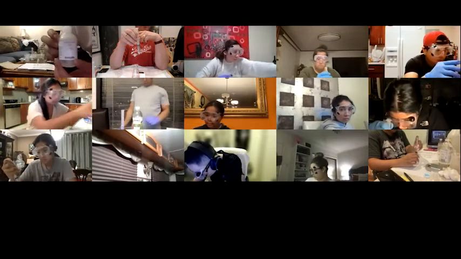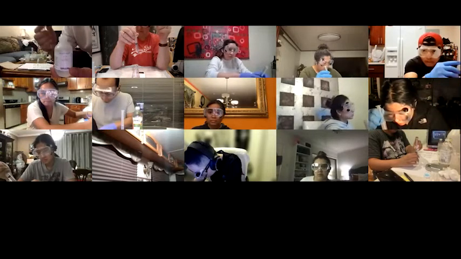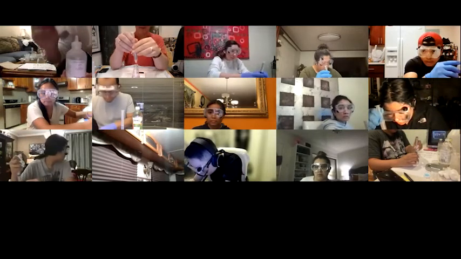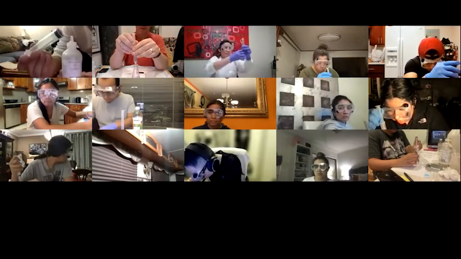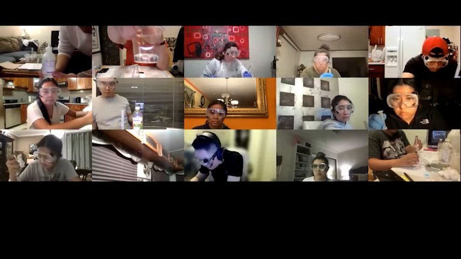Sodium hydroxide, one molar, right? Yeah, you just gotta squeeze it out. You squeeze it into a cup like that, and then use this to fill your syringe. You pull up the syringe. Oh, okay, I got you.